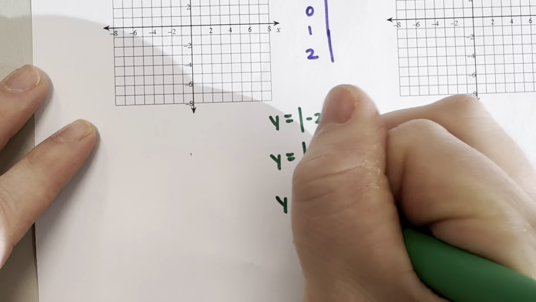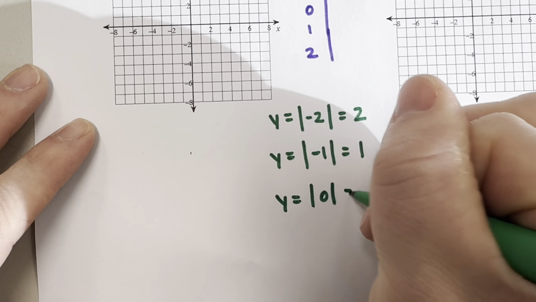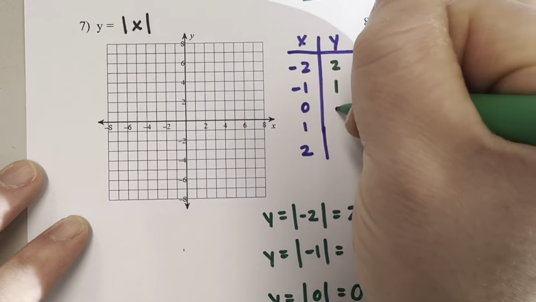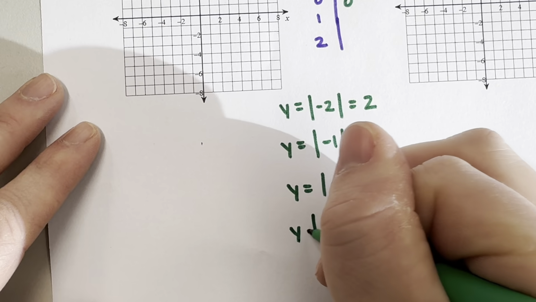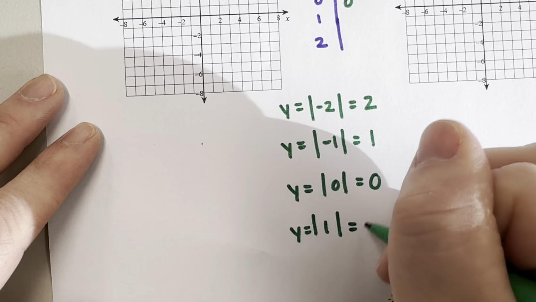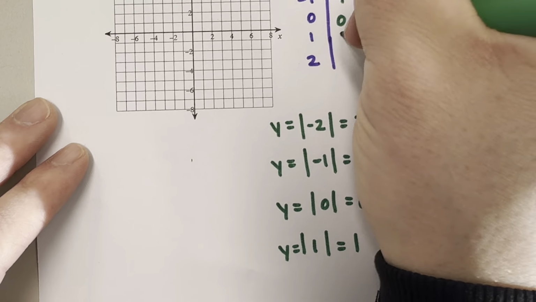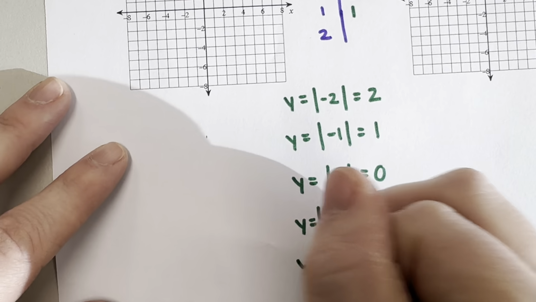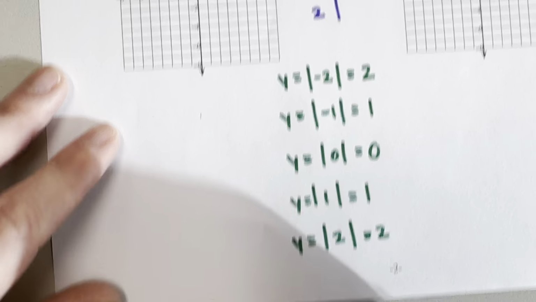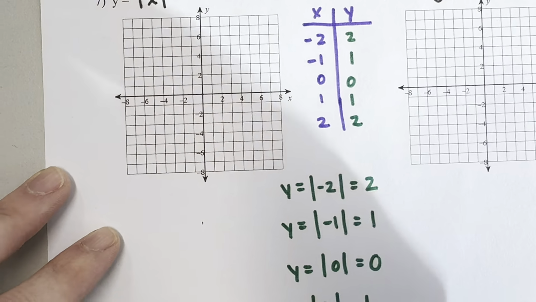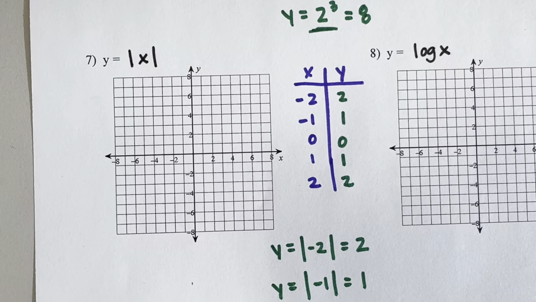Okay, well now these guys are kind of easy. Absolute value of 0 is 0, because it's right on 0. Okay, well how far away is 1 from 0? It's 1. So the absolute value of 1 is 1. And the absolute value of +2 is also 2. And there we go.